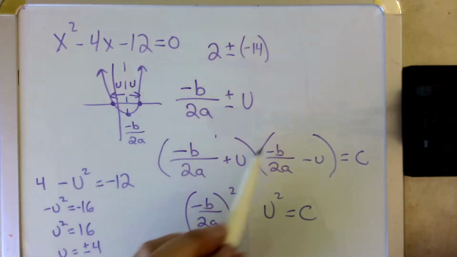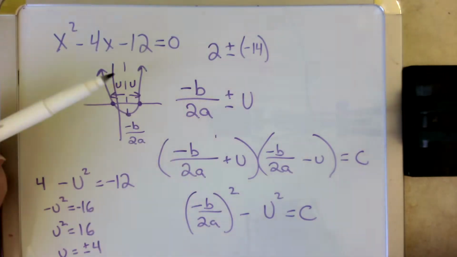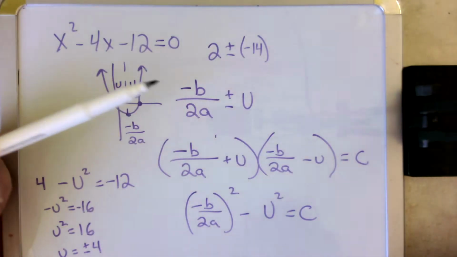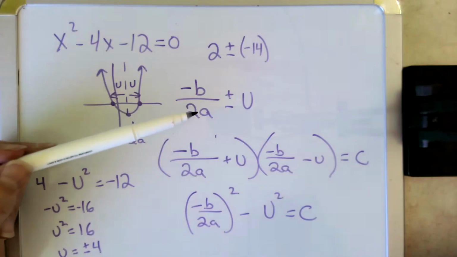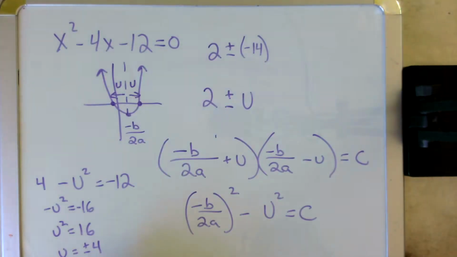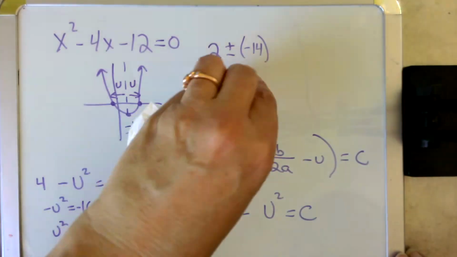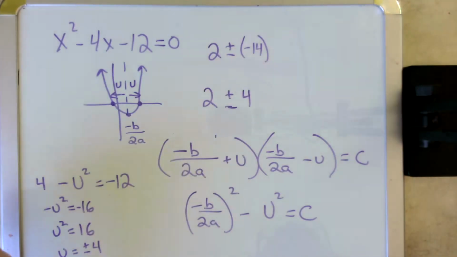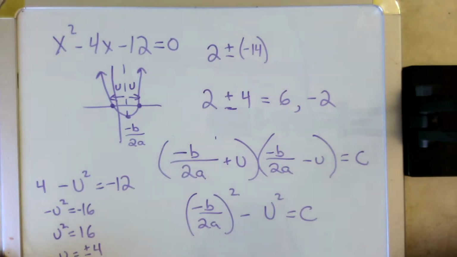So when I go to find my answers now, I'll remember that negative b over 2a, negative negative 4 over 2 times 1, was just 2. And then my plus or minus u is plus or minus 4. And so my two solutions are 6 and negative 2. If I want to test that, I can.